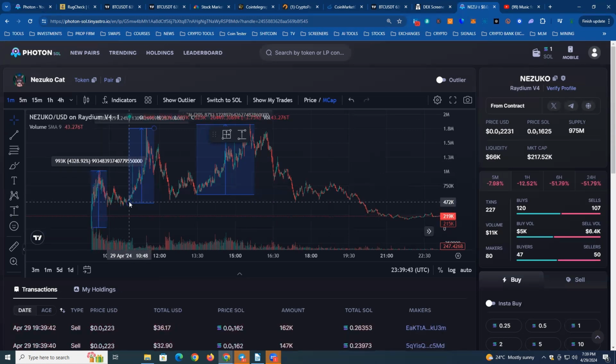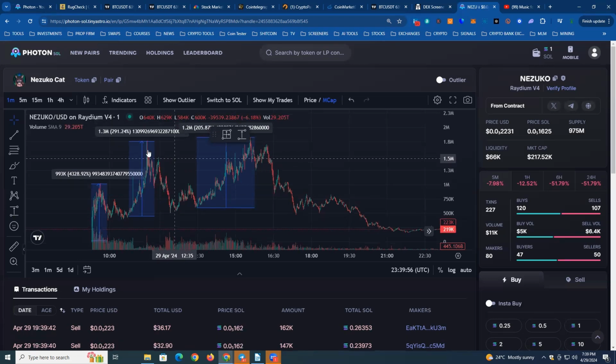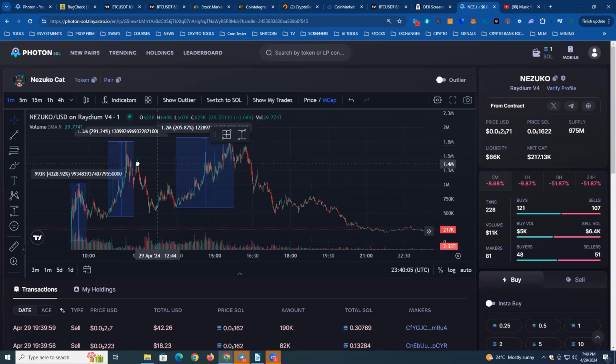The second run-up was at 10:48, and from 10:48 to 11:32, you would have been able to garner a 291% run if this coin had passed all of its checks and balances.